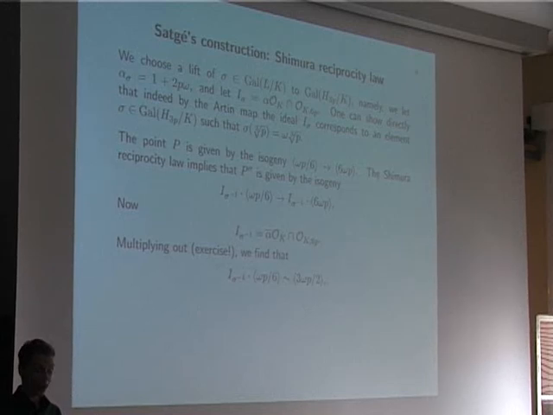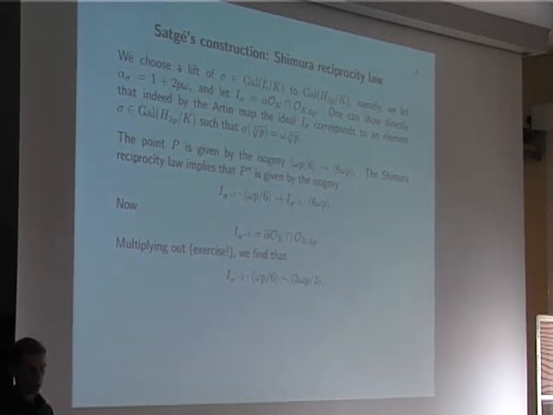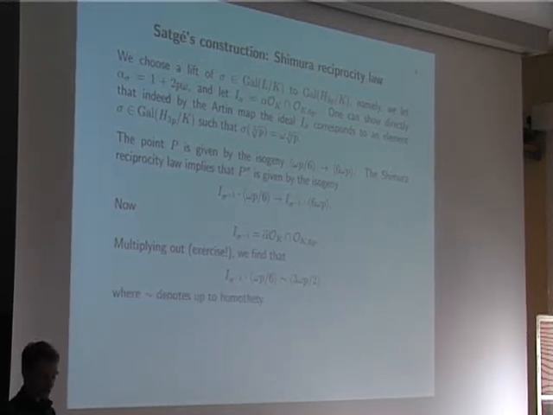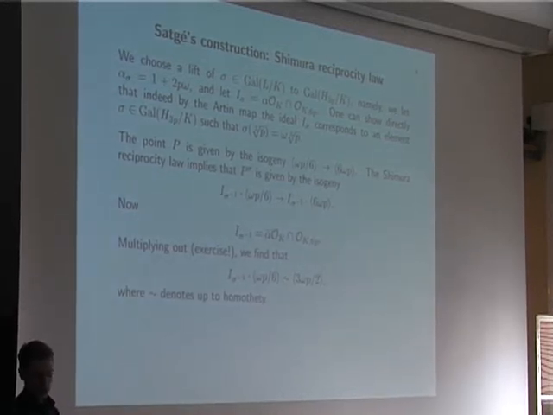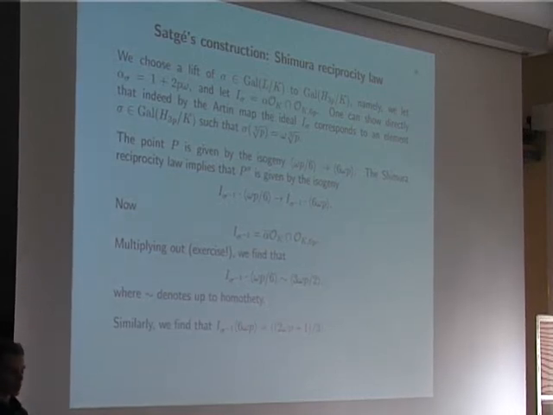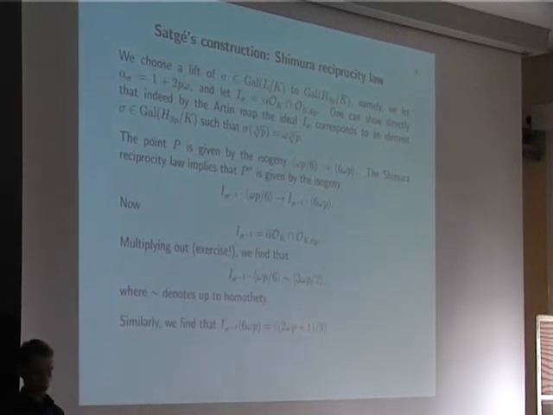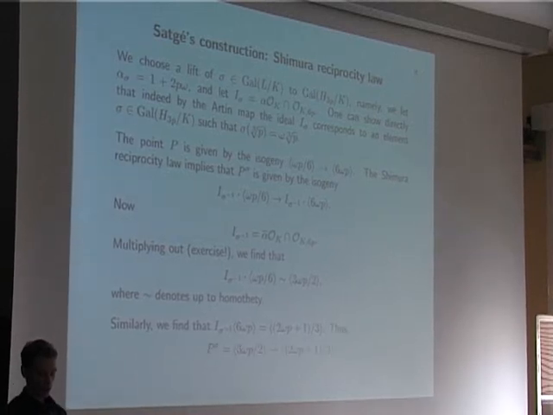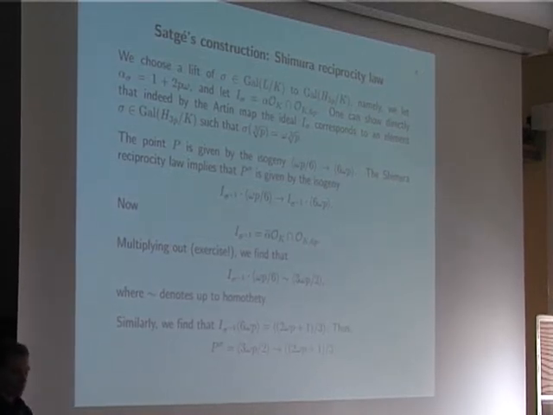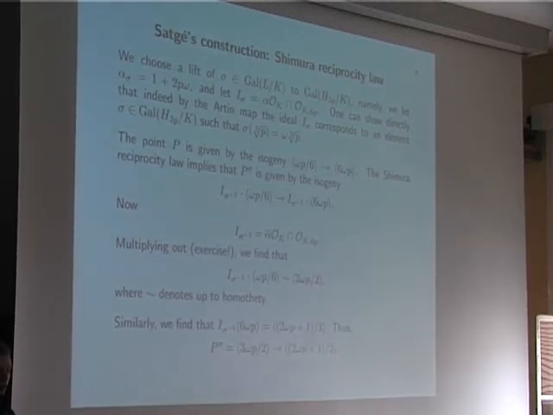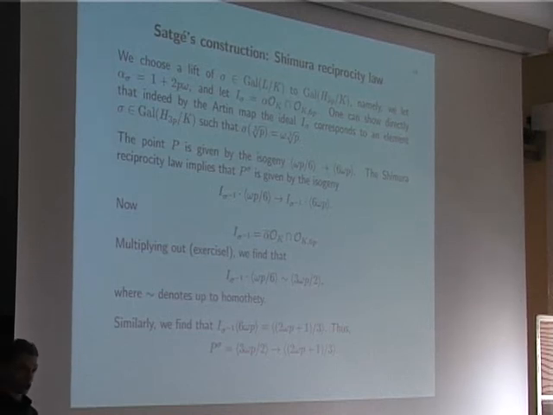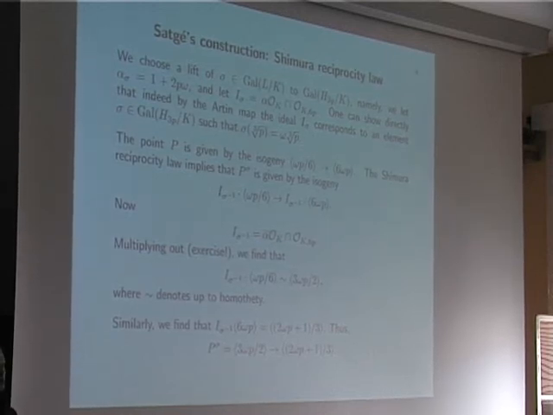So you can multiply that out, and you get this element 3ω_P/2, up to homothety, because that gives you an isomorphic curve, and therefore an isomorphic isogeny. And if you do the same thing to the target, you get this other element, (2ω_P+1)/3. And so what we've proven now is that P^σ is going to be some other 36-isogeny. It's some other point on X_0(36), and it's just given by this one instead.